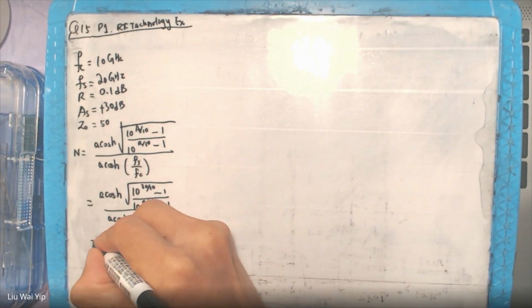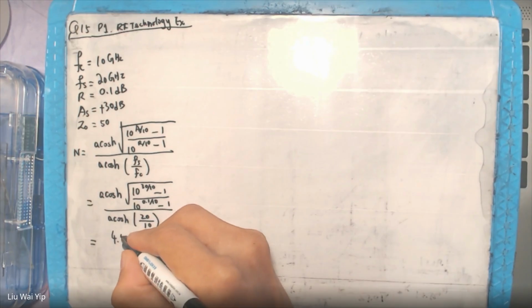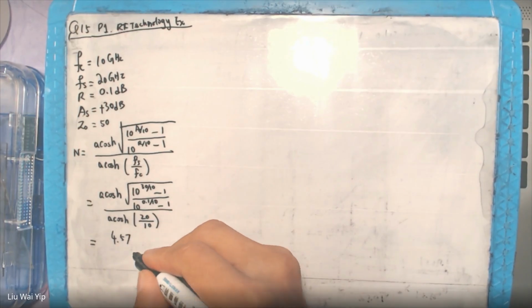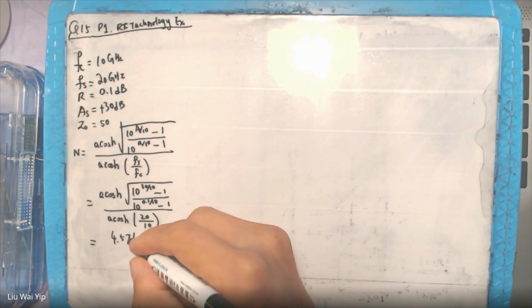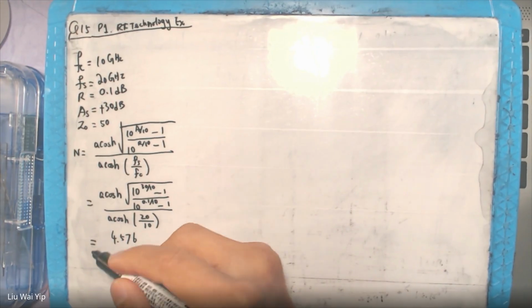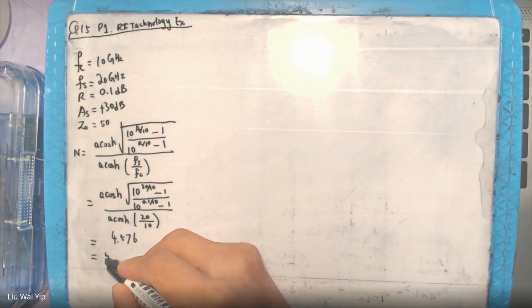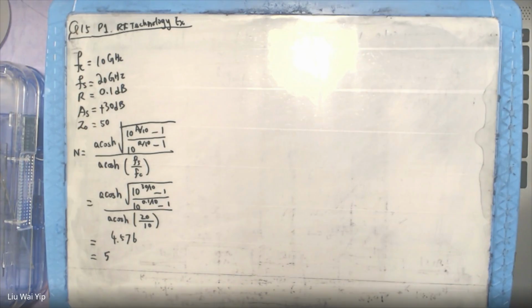If you do it correctly, you will get the answer 4.576. Of course, we need an integer, so we use 5. So the order of the filter is 5.